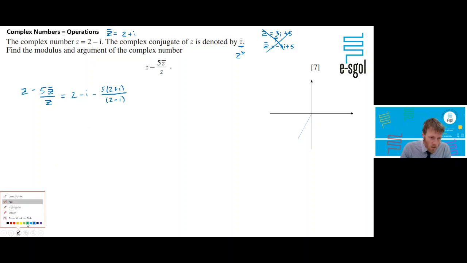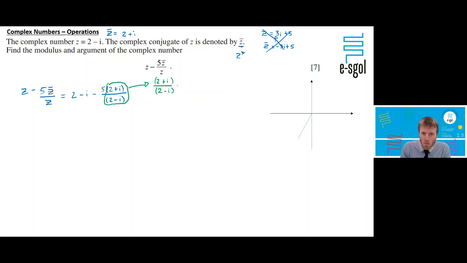Now, this here is something I'm just going to take over here and do a little bit of work on. Basically, it's a bit like rationalising the denominator when you have a surd. So I'm going to copy this bit over here, 2 plus i over 2 minus i.